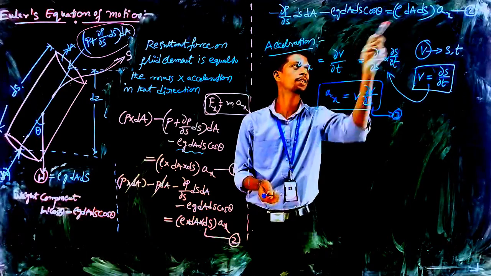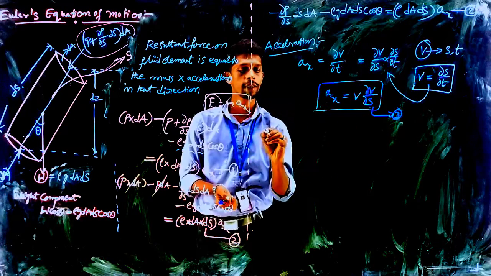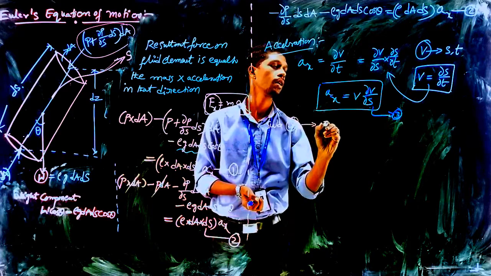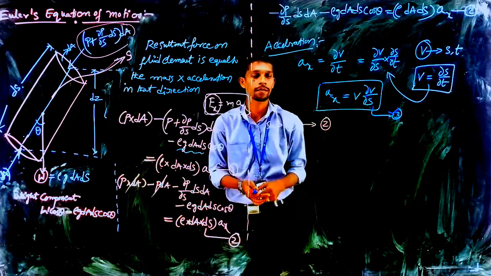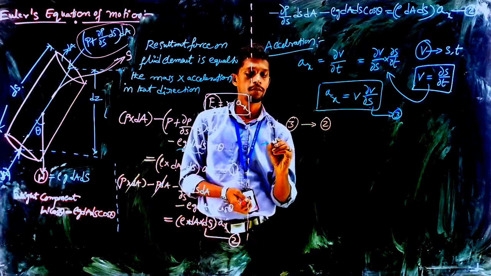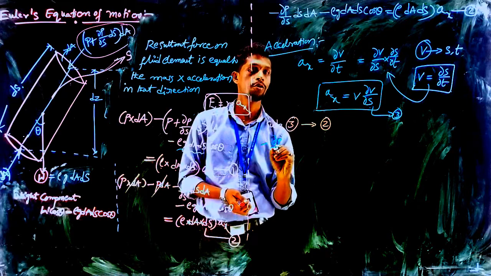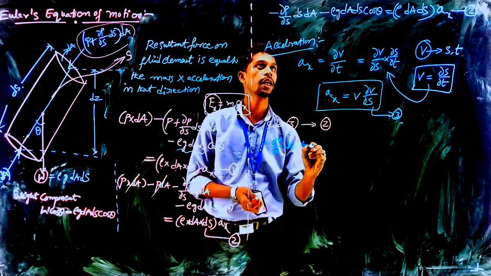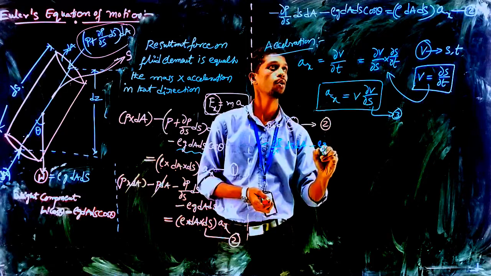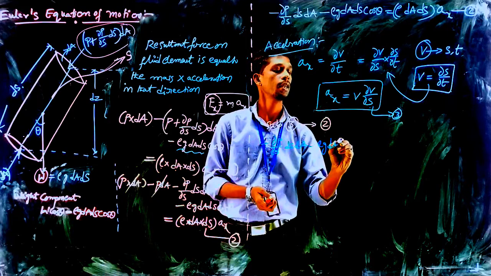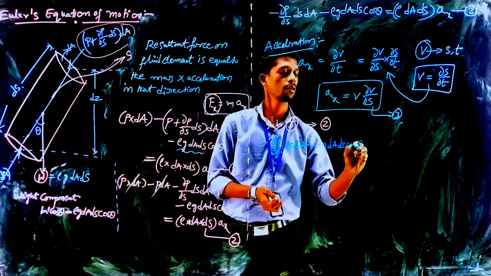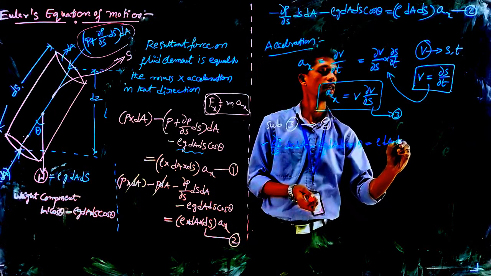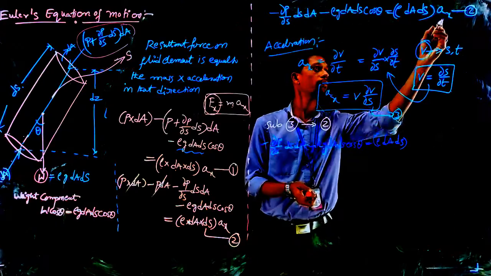Substitute expression number 3 in equation number 2. You will get minus dou p by dou s into ds into dA minus rho g dA ds cos theta is equal to rho into dA into ds in place of this ax.